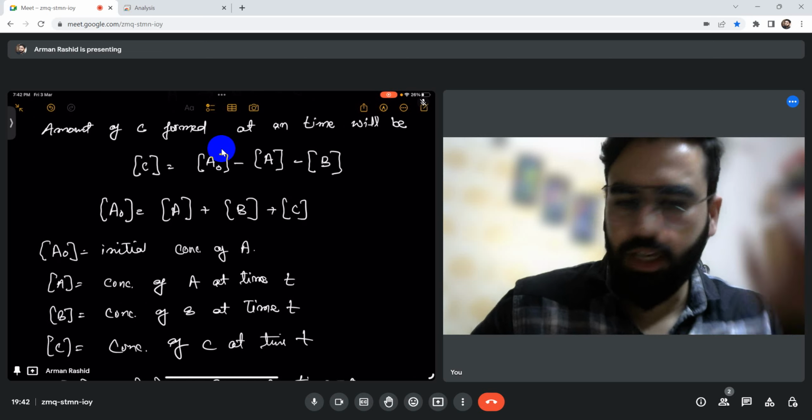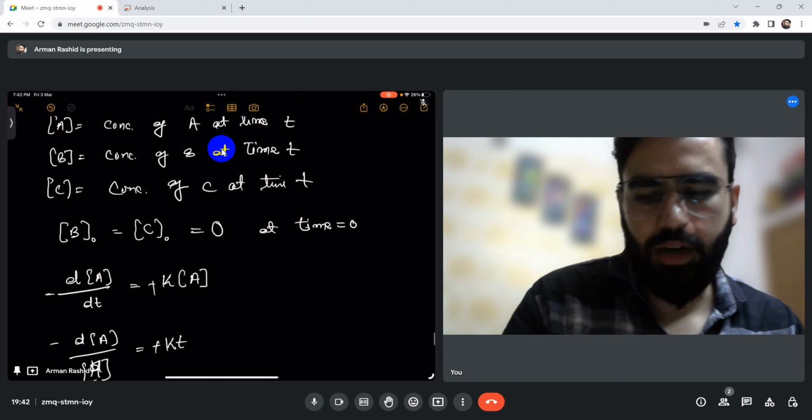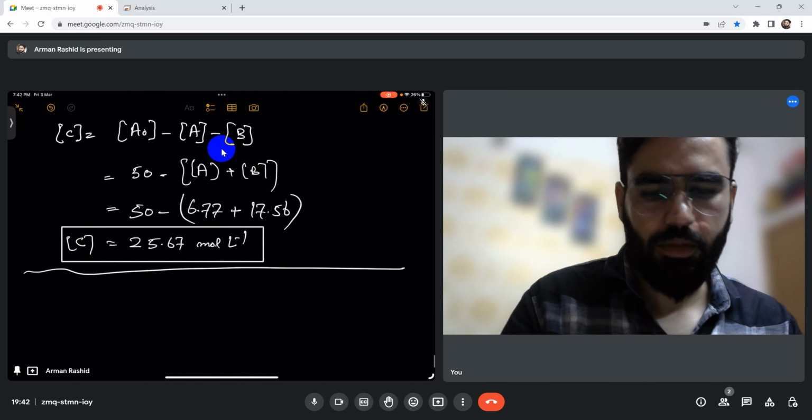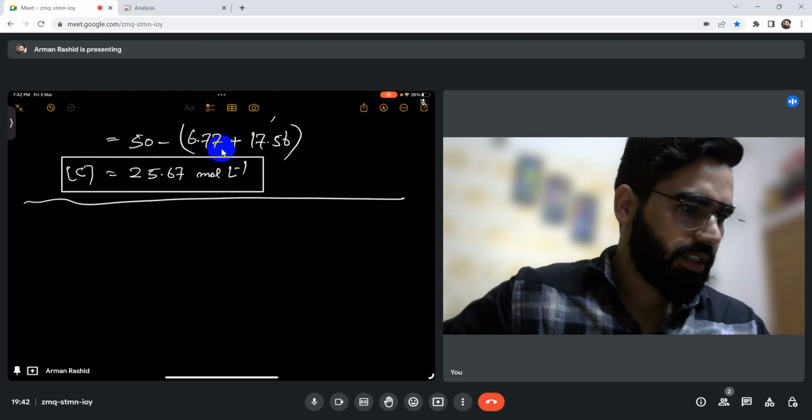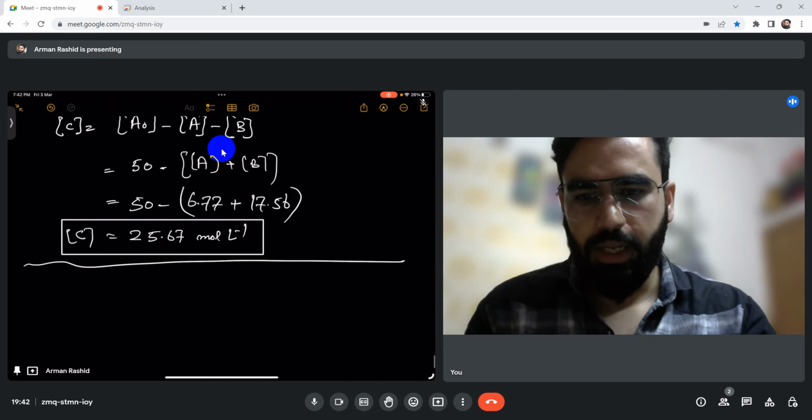Then subtracting from the total amount of the reactant that was initially taken, we can determine the amount of C.